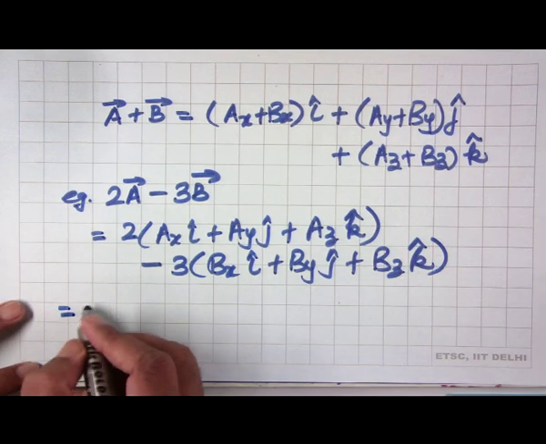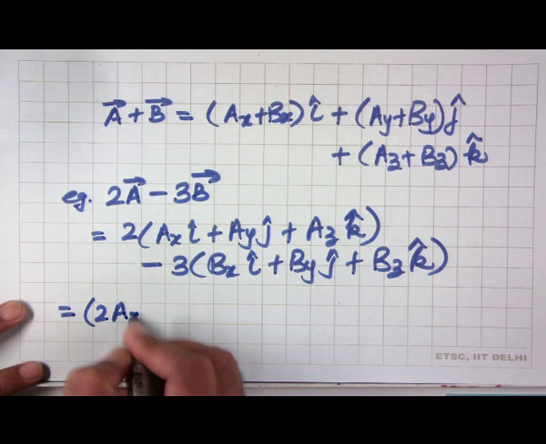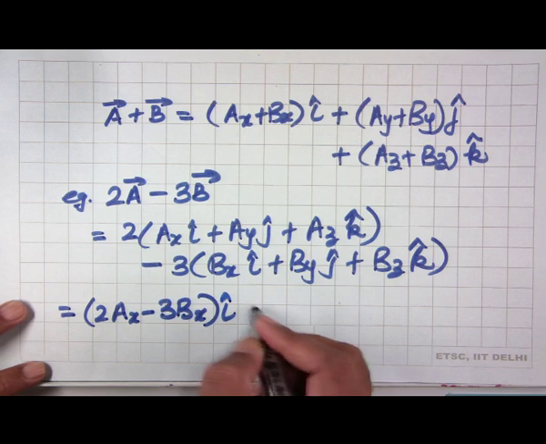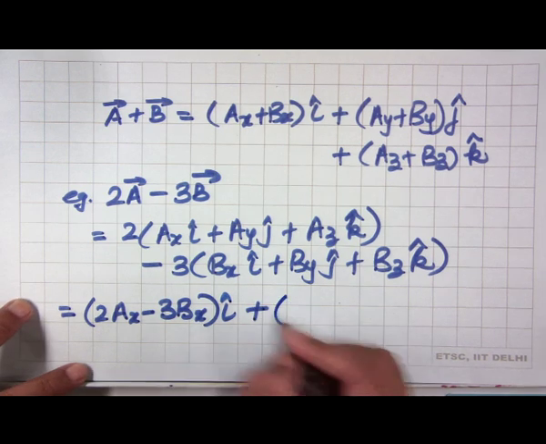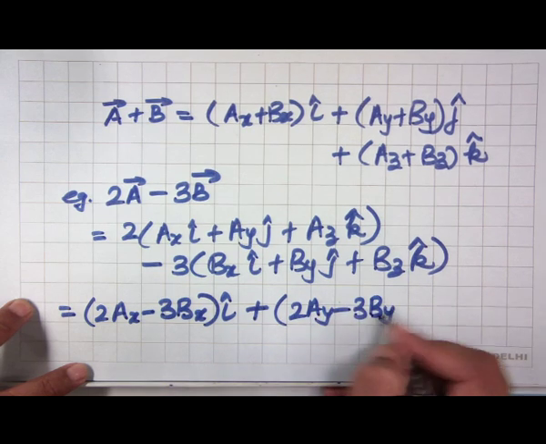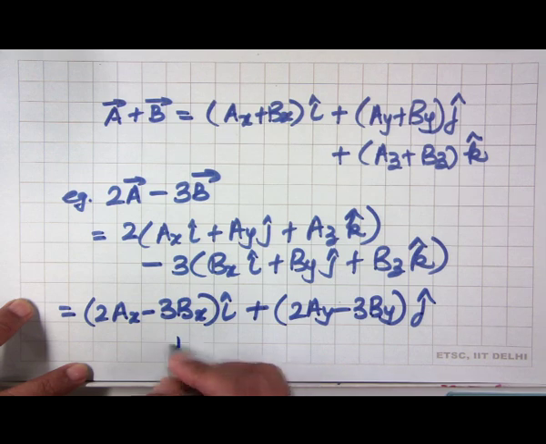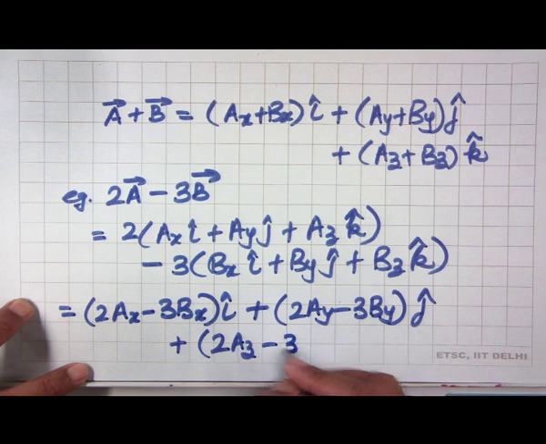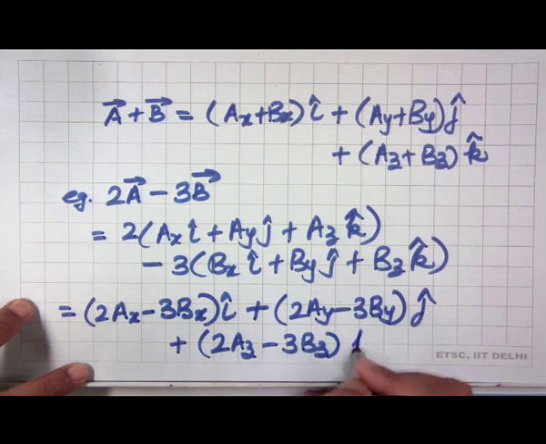So, this will be equal to (2a_x minus 3b_x) times i plus (2a_y minus 3b_y) times j plus (2a_z minus 3b_z) times k.